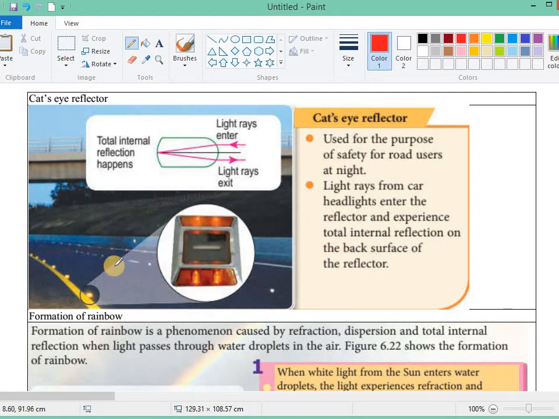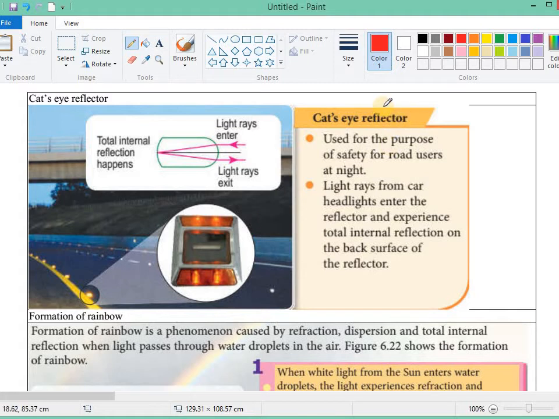Okay, this thing on the road doesn't produce light by itself, but instead it reflects the light. Okay, so the light from your car will go in and then will undergo total internal reflection and come out.